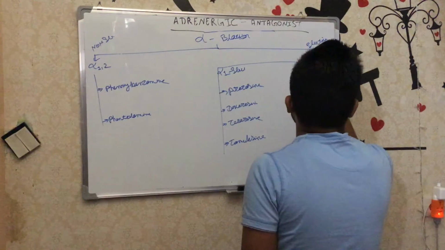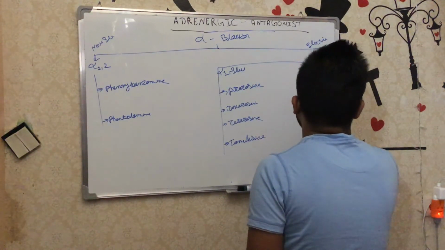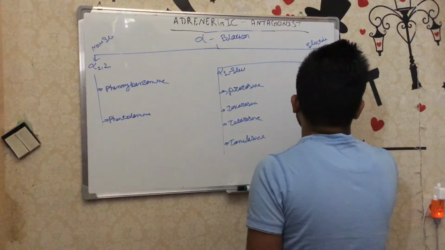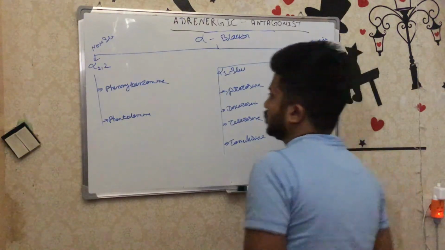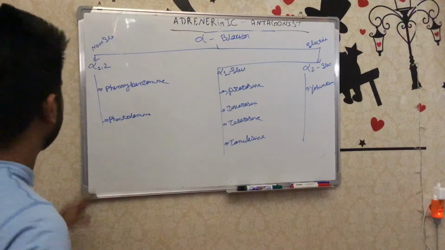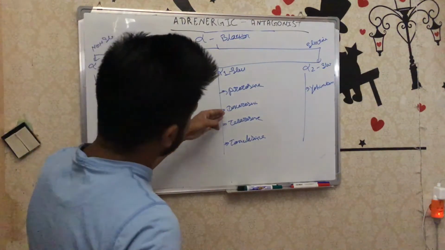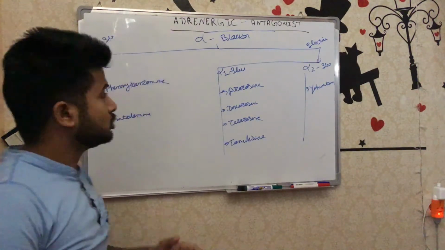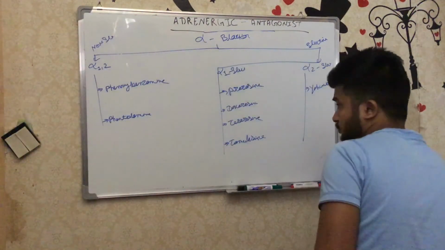Here the alpha 2 selective blocker is just one drug, yohimbine, that blocks alpha 2. So once again, non-selective, which block both alpha 1 and alpha 2: phenoxybenzamine, phentolamine. Alpha 1 selective: prazosin, doxazosin, terazosin and tamsulosin, and alpha 2: yohimbine. So these are the main classification of drugs which block the alpha receptor.